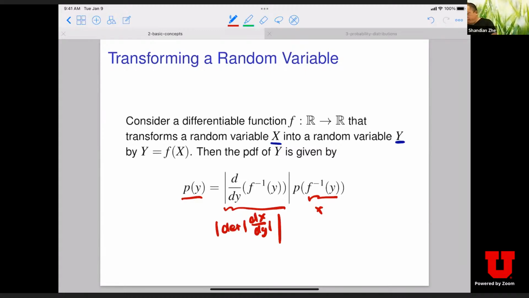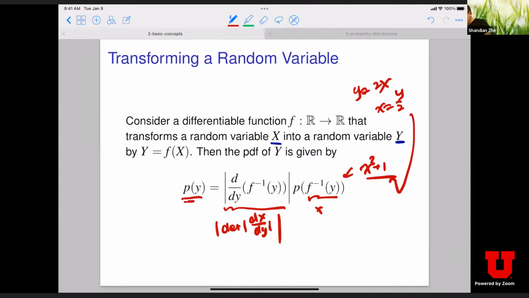So if you want to get the density function of y, how do you do that? Say you have the density function of x, and suppose it is just x cubed plus 1. Of course, it's not a valid density function, but I just use it as a wild example. If y equals 2x, you represent x in terms of y, so x equals y over 2, and then you plug that in.